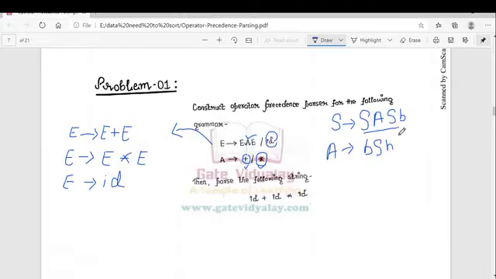If I have to convert this grammar into an operator precedence grammar, we have to replace this production over there.